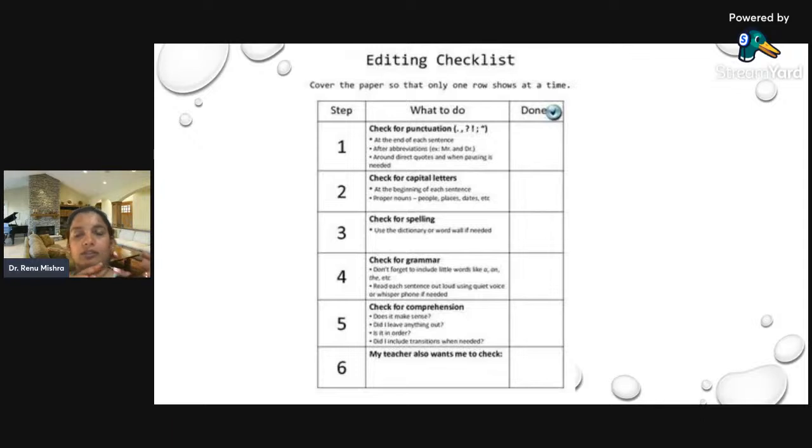Let's say your data, your analysis, your statistical figures, there is something. This is on the editing side. So you can actually prepare a print of it and keep it on your side. Just keep a check. Okay, done, done, done, done, done. Sorted. Everything is sorted from my end. Now add in the points here where your supervisor wants you to check. Okay.